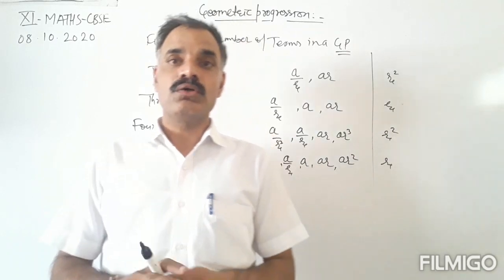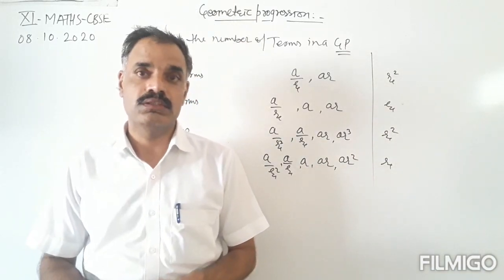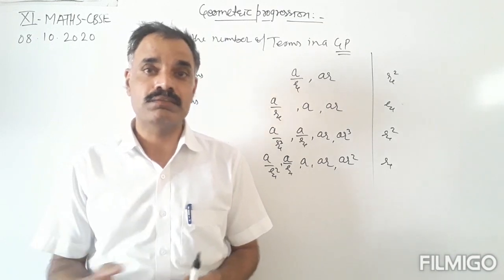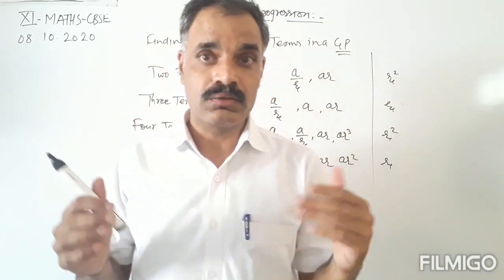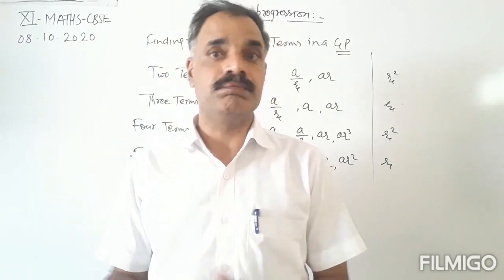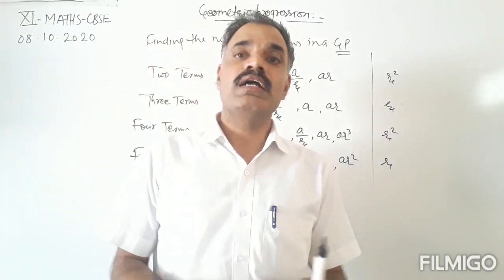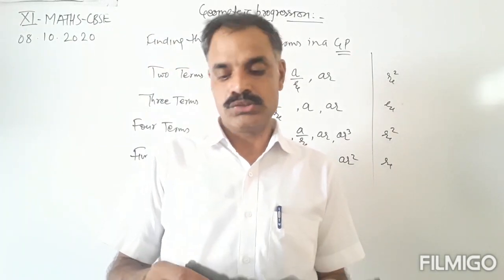In this way we can find a particular number of terms. This type is used when we face questions like finding four terms or three terms of a GP.